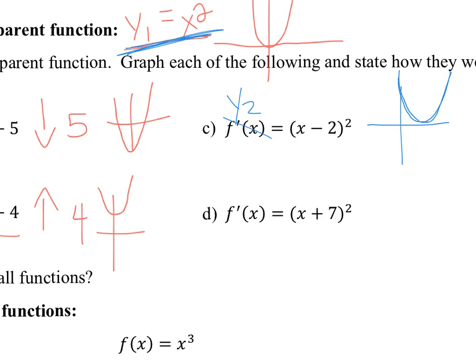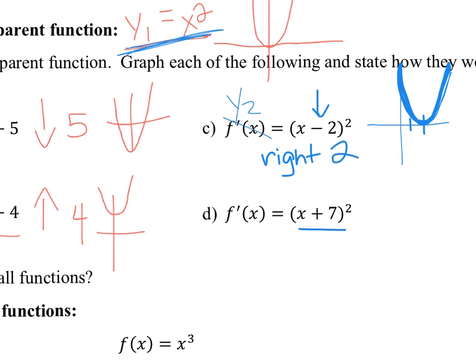There we go. It should hit the x-axis. So it should move it to the right 2. That's kind of the opposite of what you would think. However, that's what it does. It's crazy.